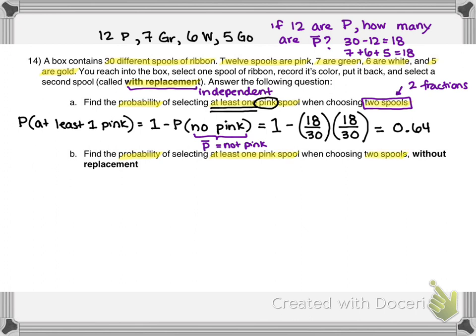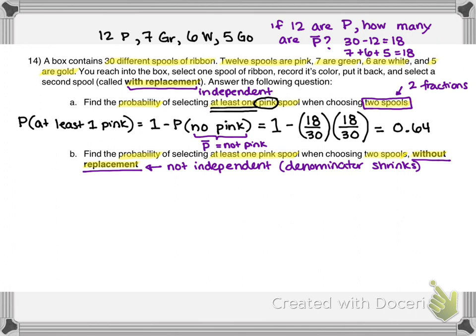We're still choosing 2, but this time without replacement. Okay, so without replacement automatically makes this not independent. My denominator shrinks. Every time I reach into the box, my denominator will decrease.